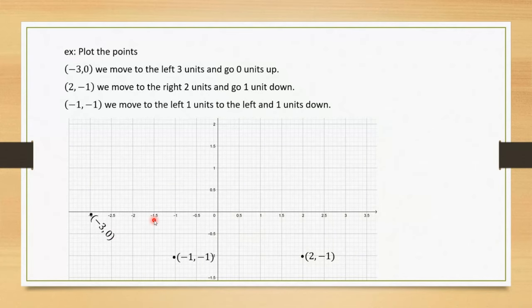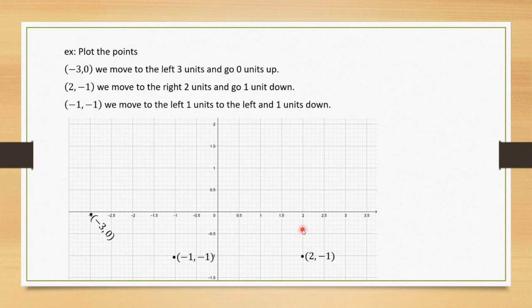For (2, -1), again, we start at the origin. You always start at the origin. You go to the right 2 units. That is, you locate 2 on the x-axis.